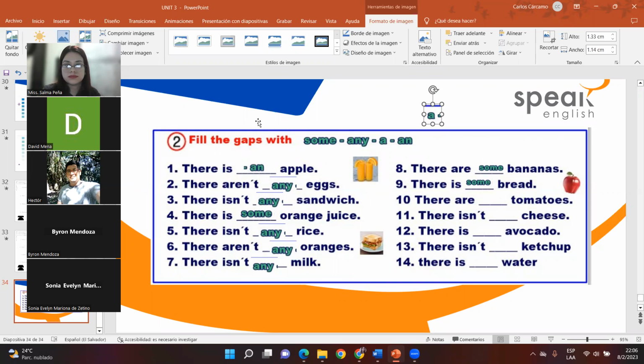Number 10. There are some tomatoes. Yes, there are some tomatoes. Hector, the next one. There isn't any cheese.